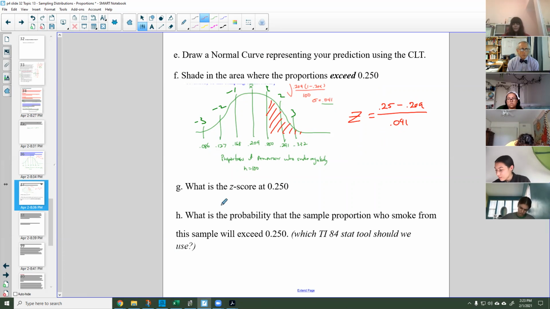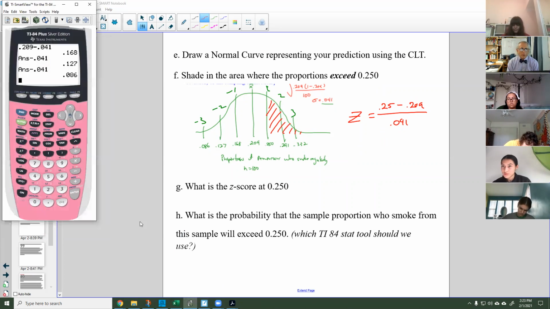Right? Okay, now everybody watch this carefully, okay? 0.25 minus 0.209. And I'm going to divide that by 0.041, 1, right? Because the z-score is the same thing as the standard deviation, right? That's it. Everybody follow me here, right? So we could have done that without even using the formula because it just happened to fall right there on that line.